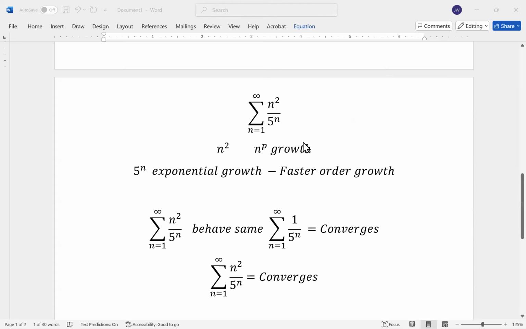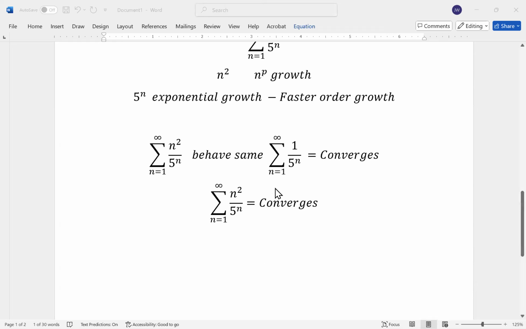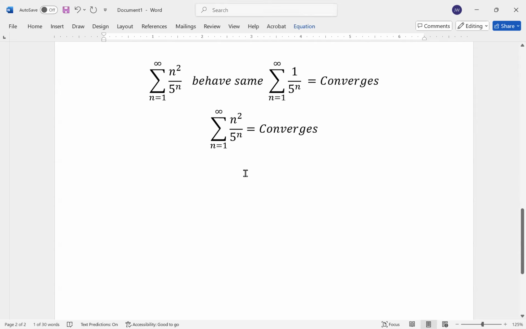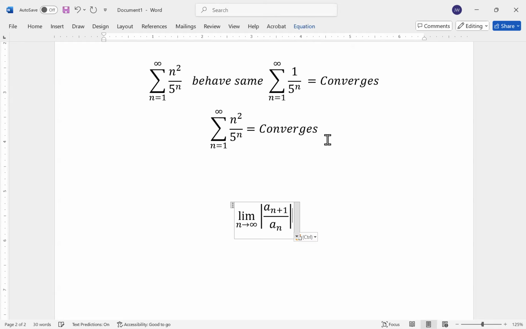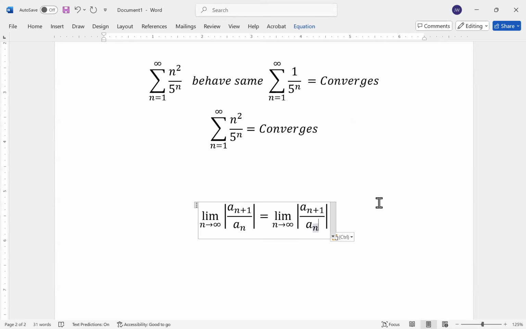I'll just say, oh yeah, faster growth is in the denominator, therefore it dictates everything. But there are some instructors who may ask for a calculation of that limit. In this case, I'll go ahead and do it, but I won't in the next few cases.